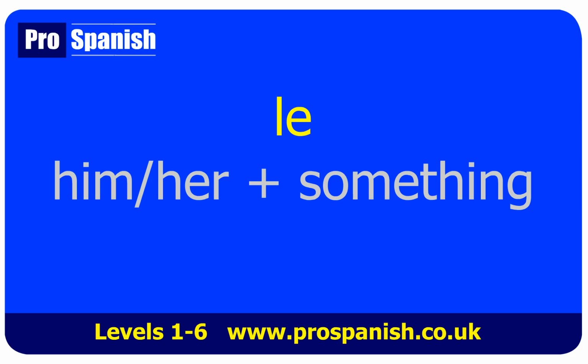To tell them something, to give them something, or to give them this. So if we can make our sentence with something, then we use le. If we can't use something in the sentence, then it's lo.